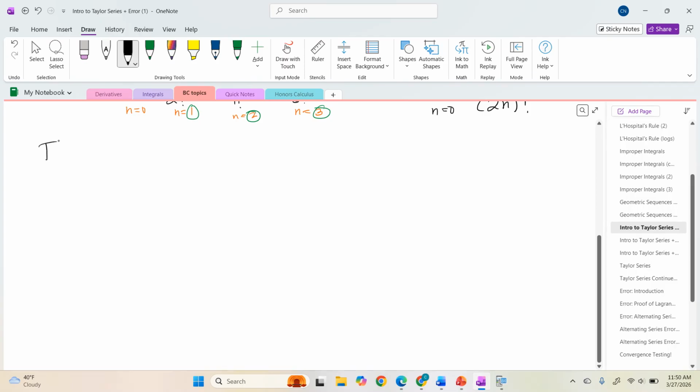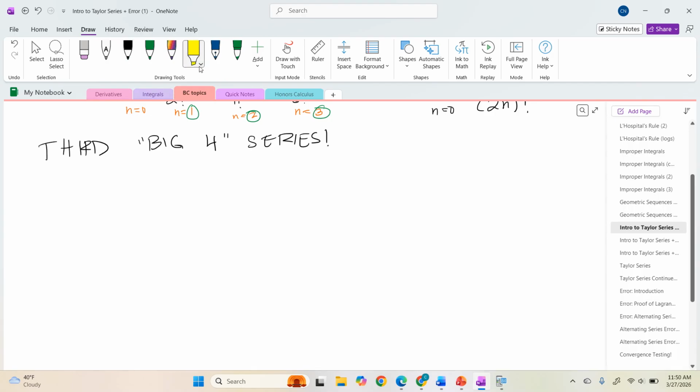Let's build our third big four series, and this one's kind of cool. We're not going to go in Desmos with the sliders with this one either. We're just going to go ahead and build it from scratch. And it's kind of cool. It's going to use long division, which you did in Algebra 2 and which you reviewed this year whenever we did integration by long division.